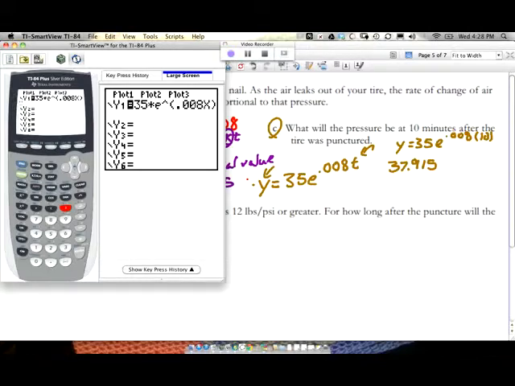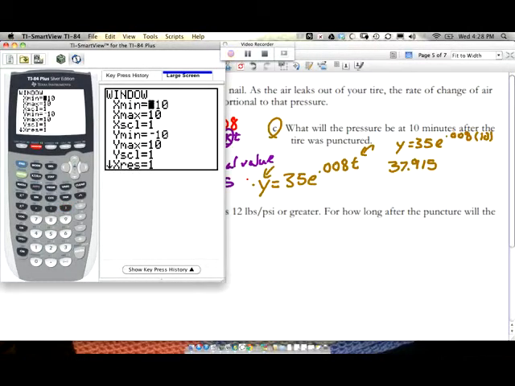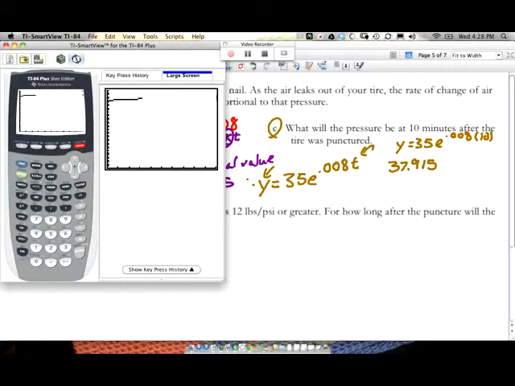And we're looking at 10 minutes. So let's just go from 0 to 10 minutes. That's fine. And this is probably going to go a lot higher, so we'll start with 0 and go up to, let's say, 40. What do we got? So there's our graph.